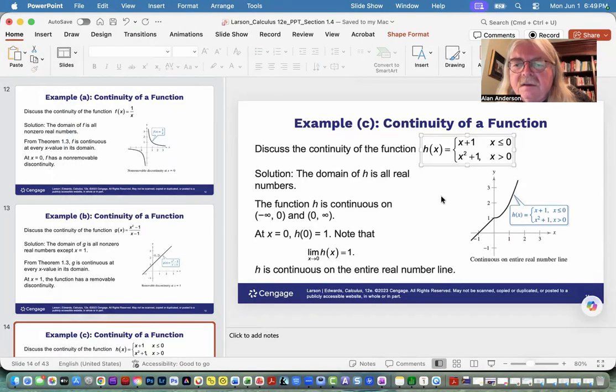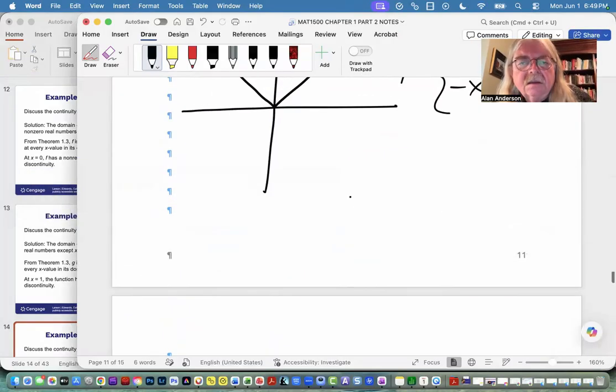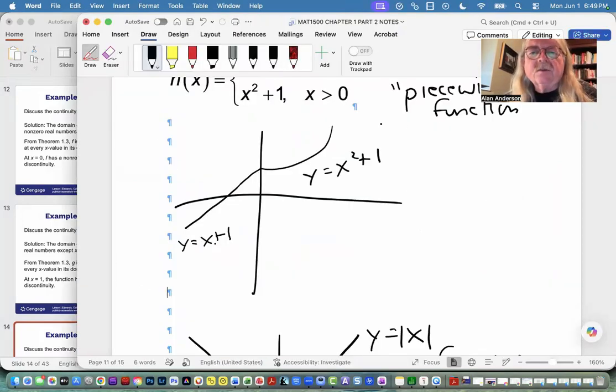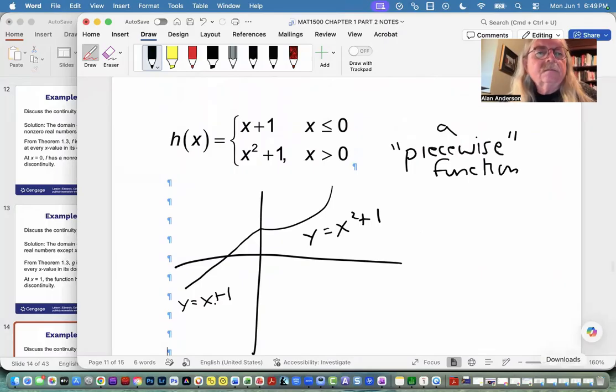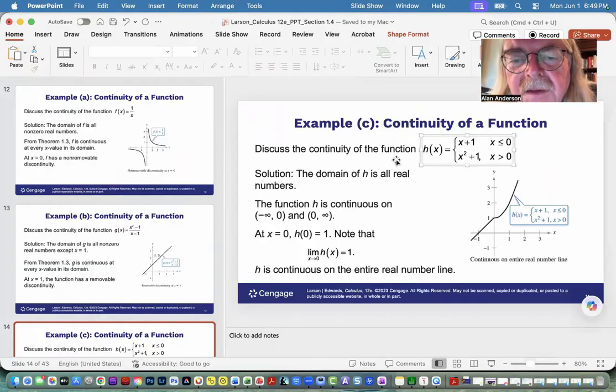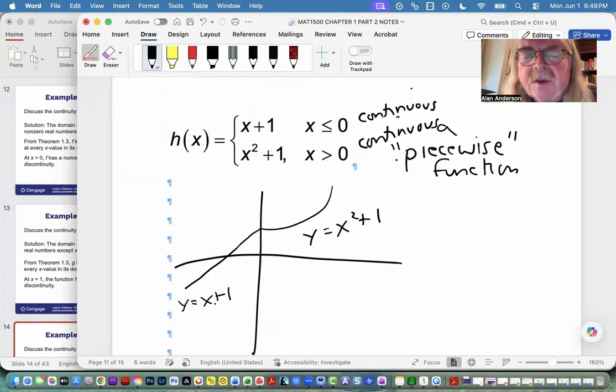Now this one, the one that I drew here, what it's saying is that it's continuous within each of these regions. And now here's the interesting part.